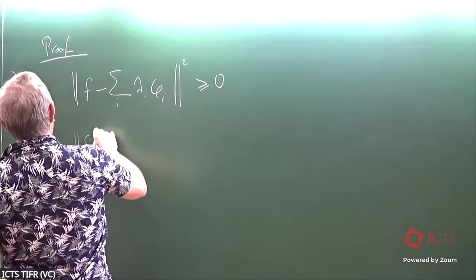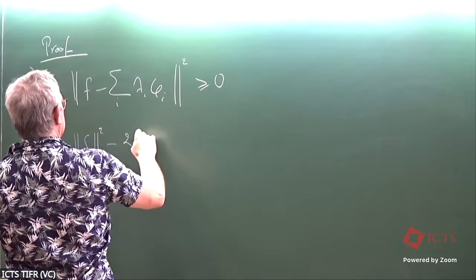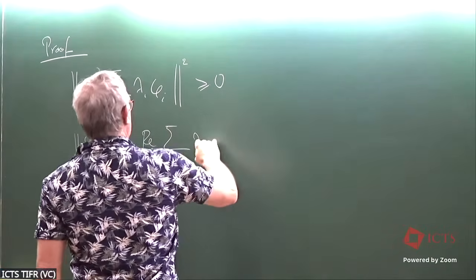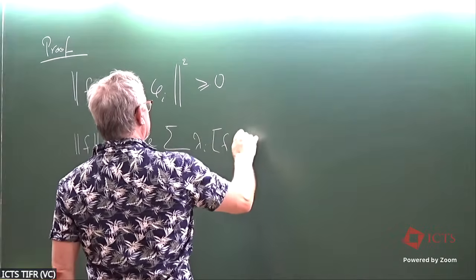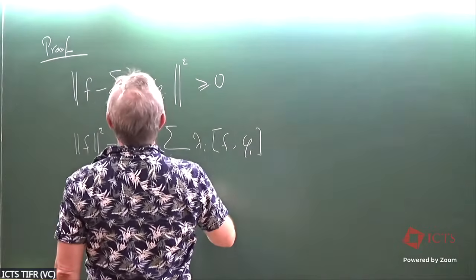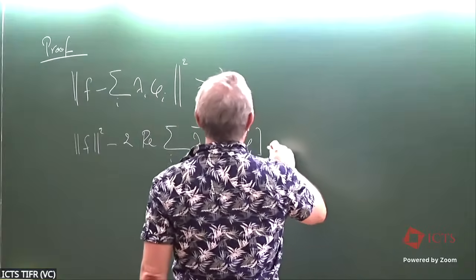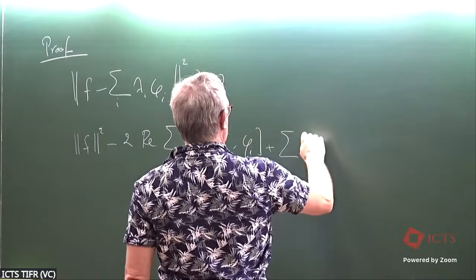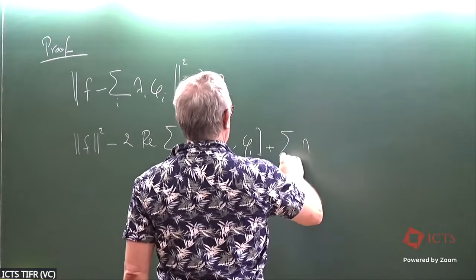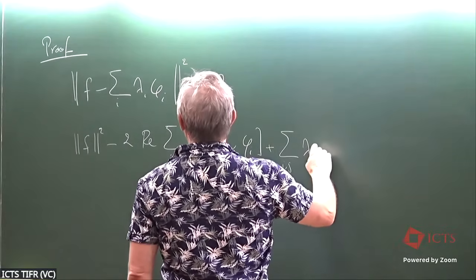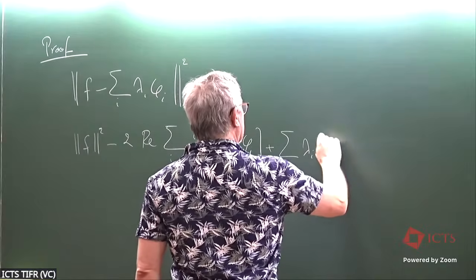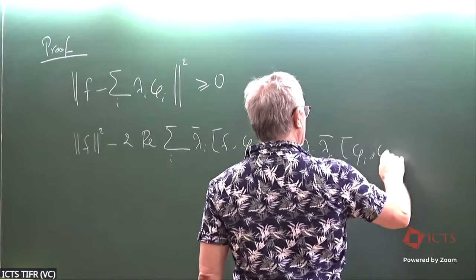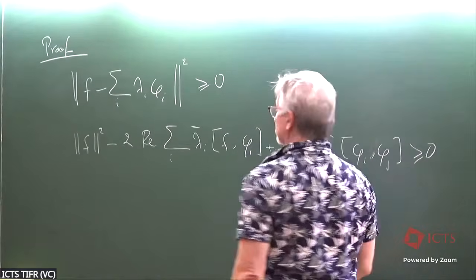So it's the norm of f squared, minus twice the real part of the sum over i of lambda_i times the scalar product of f and phi_i, plus the sum over i and j of lambda_i lambda_j bar times the scalar product of phi_i and phi_j, which is non-negative.